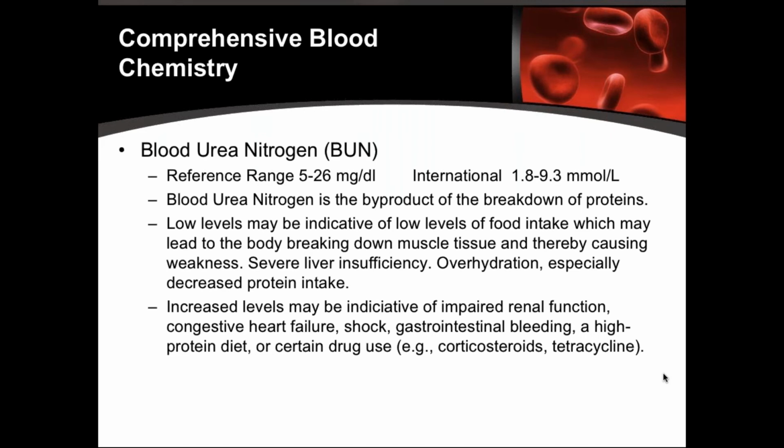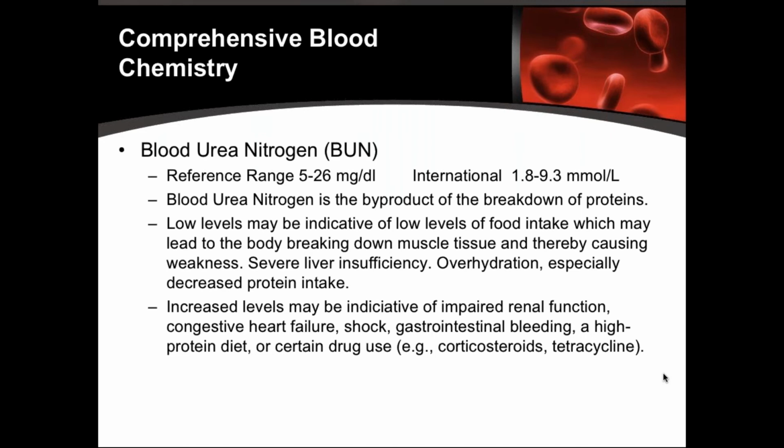It is exceedingly, exquisitely sensitive to some things. One of those things are acidic components like this. You can use BUN levels to point out severe liver insufficiency, overhydration, especially decreased protein intake.